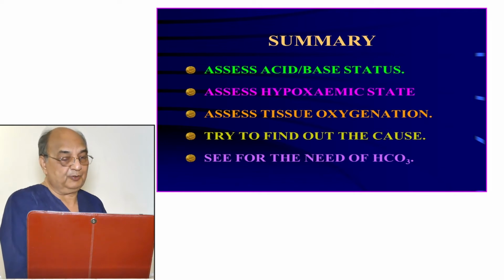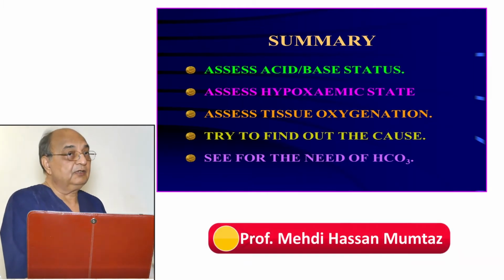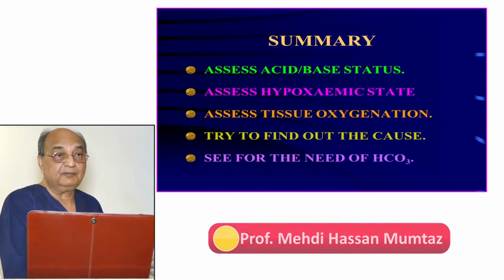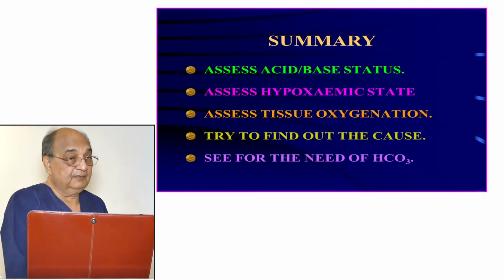You look at the acid-base status, which is assessed only by looking at the pH, the PCO2, and the bicarbonate. Then assess the tissue oxygenation, which we have just mentioned. Then try to find out the cause. It's very easy to differentiate between the different causes. Then see the need for bicarbonate therapy.